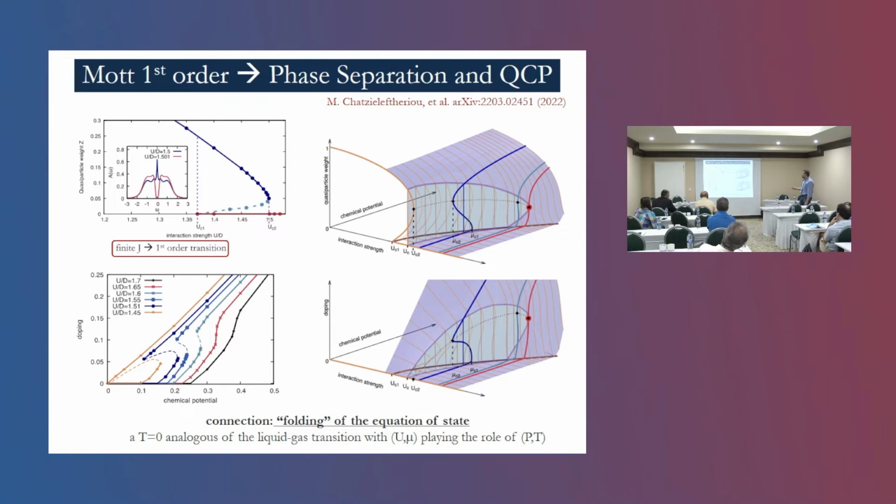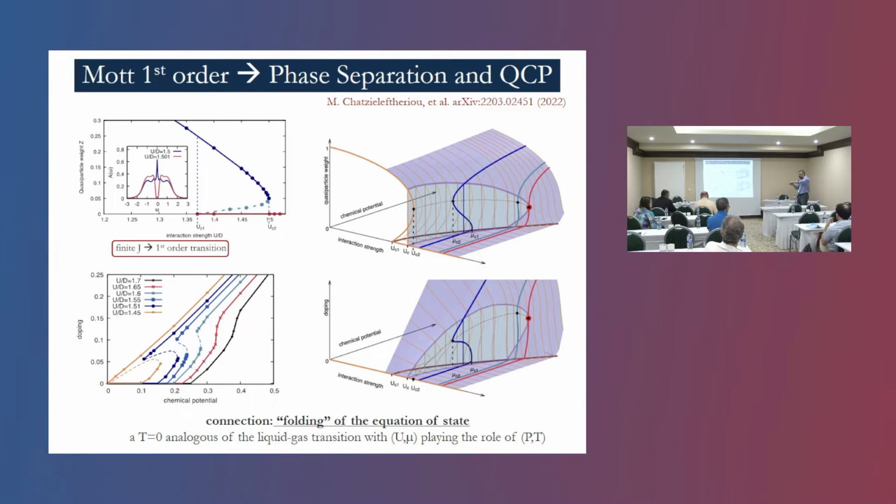So indeed, what this shows you is that the first order character at half filling implies the first order character of the transition when coming from the doped side, and so there is an obvious implication of the existence of this quantum critical point at some point, because of course you have this folded equation of state at half filling, but if you go to very large doping, you expect all signatures of Mott physics to be wiped away.